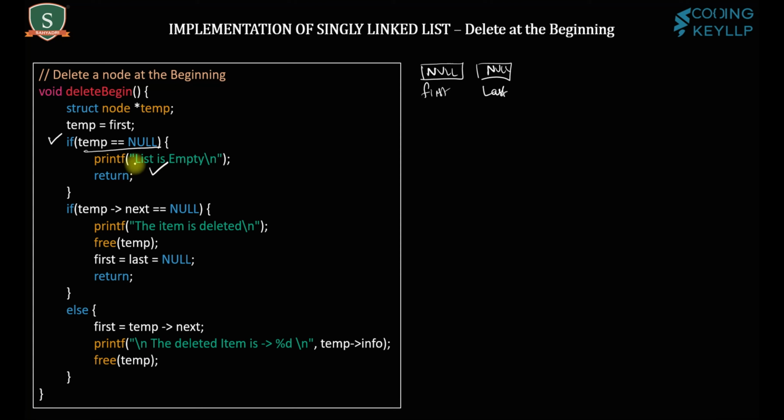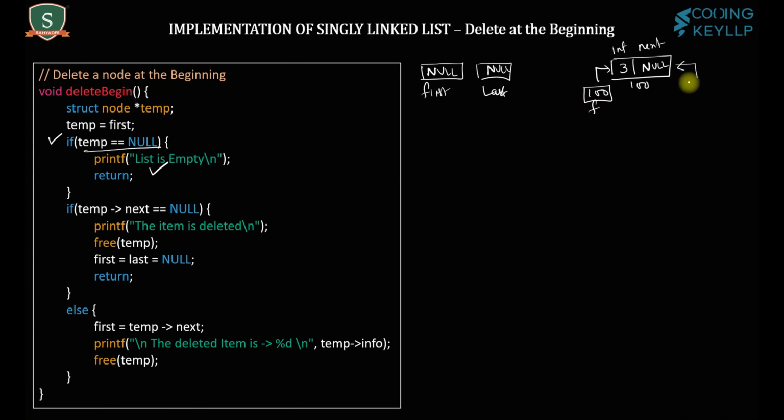What if we are having only one element in the singly linked list? The picturization could be like this. Information will have, consider 3, next is equal to null, and both the first and last variables will be updated with the address of the only node.